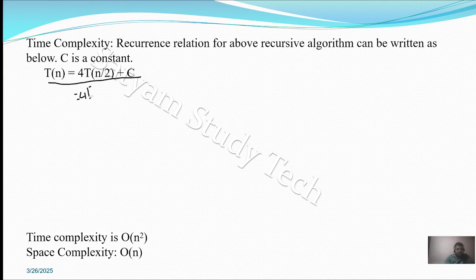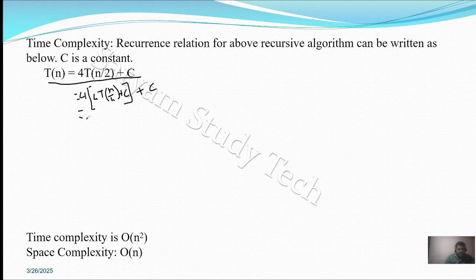Now we can see plus c. Here you call this function again, 4 and T of n by 2, n by 2 again, so that is n by 4, plus c.